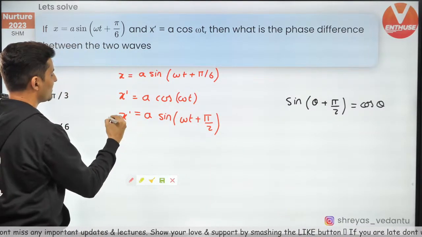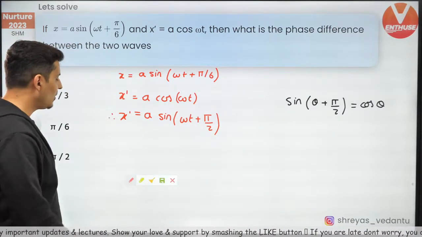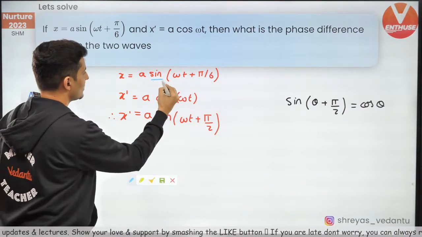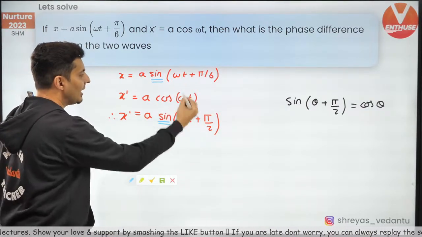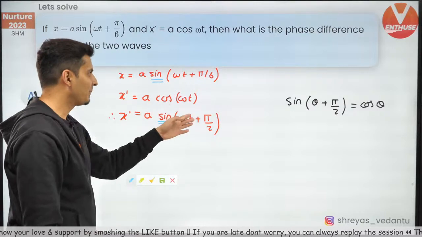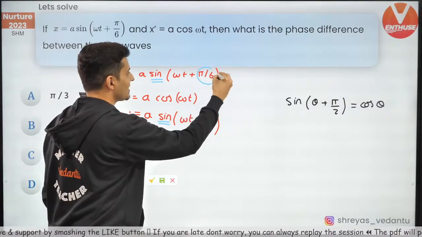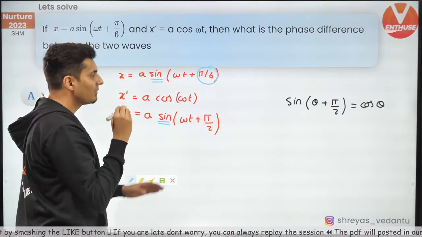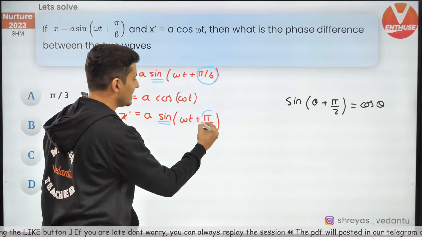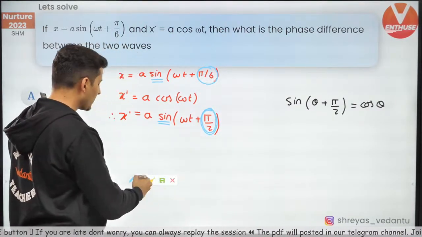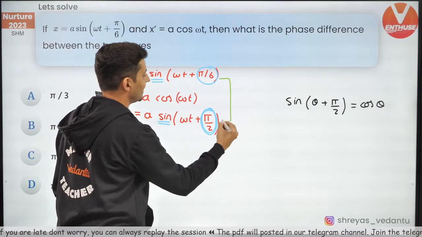So this is what x prime is actually. Now you can clearly see this is also sine, this is also sine. Now you can compare them. So one has a phase phi 1 of pi by 6, this has a phi 2 of pi by 2. So we can now find the difference.